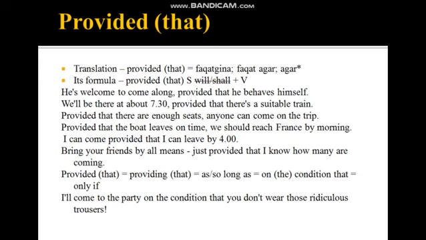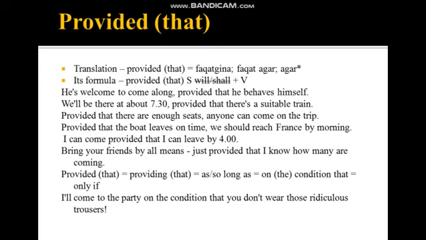So provided that, now guys, let's pay attention to its synonyms, let's say grammatical synonyms. So provided that can be equal to providing that, or as long as, or so long as, or on condition that, or only if.